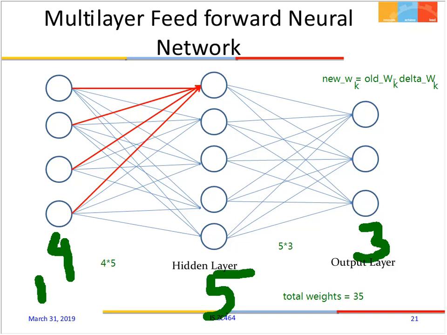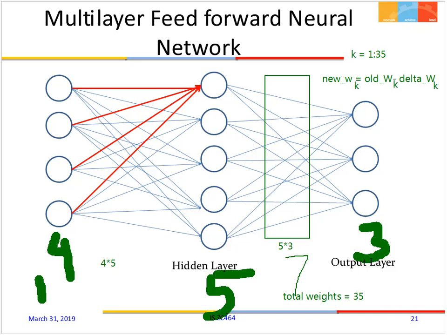More nonlinearity means more layers. Suppose you have another layer in between, of size, let us say, 7. If it is 7, what will be the total number of weights?